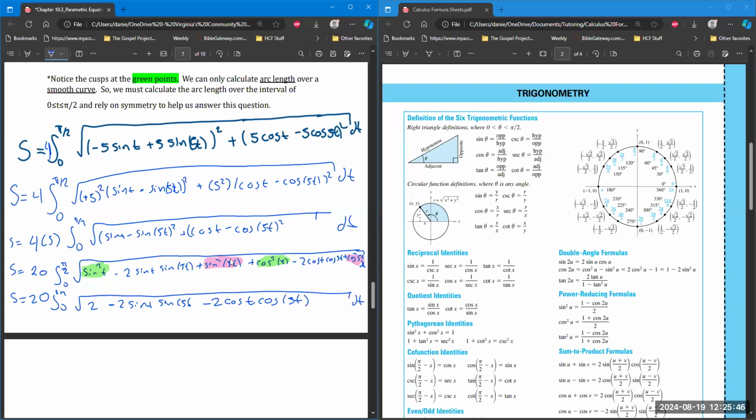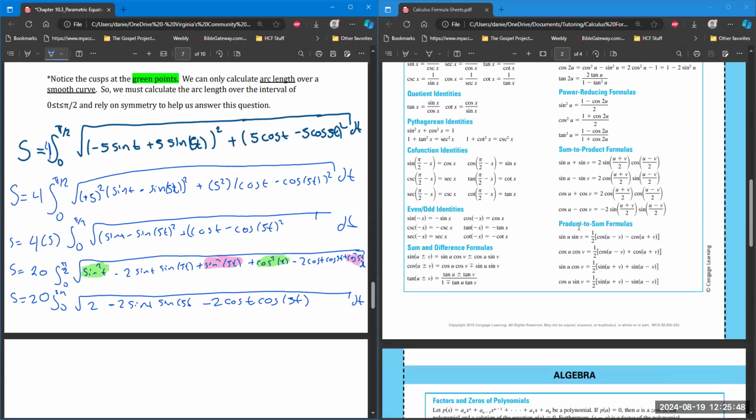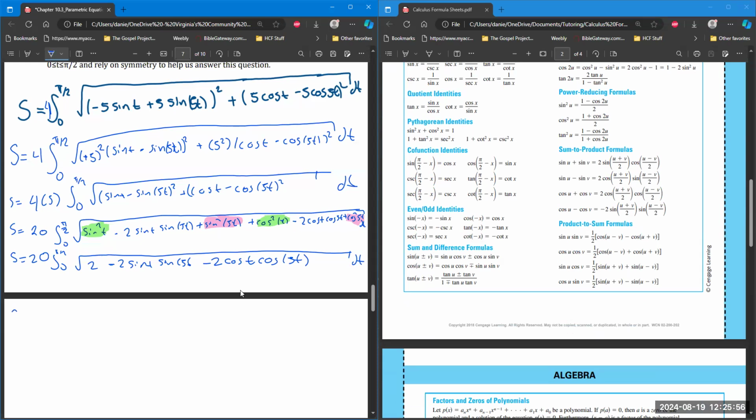Now, we need these product to sum formulas that are down here. So we're going to say that s is equal to 5, 0 to pi over 2 square root of 2 minus 2, and then sine u sine v is going to change into 1/2 cosine of u minus v.